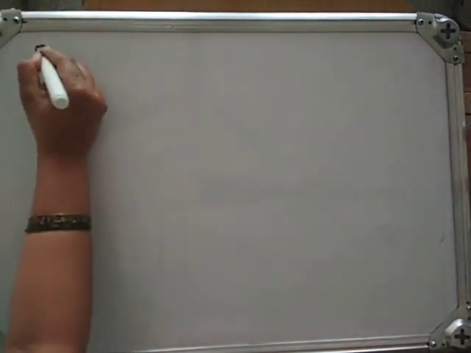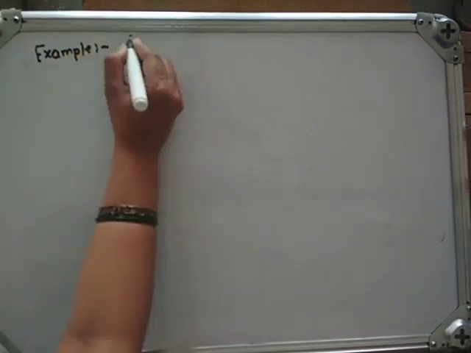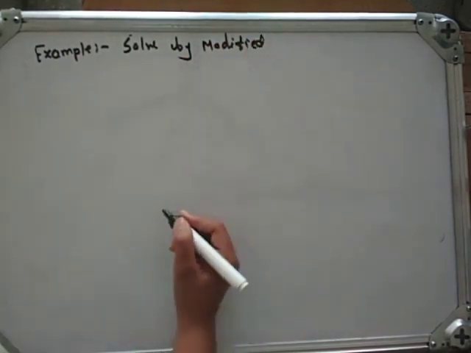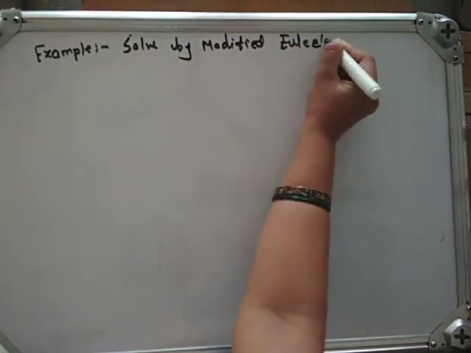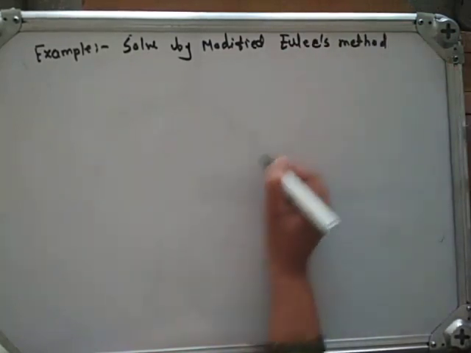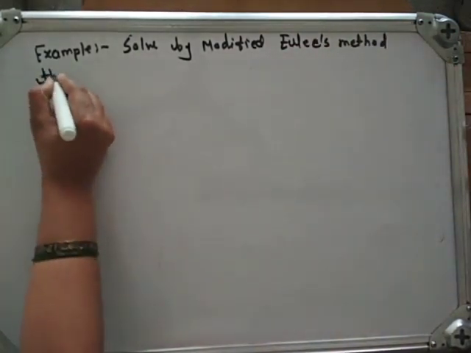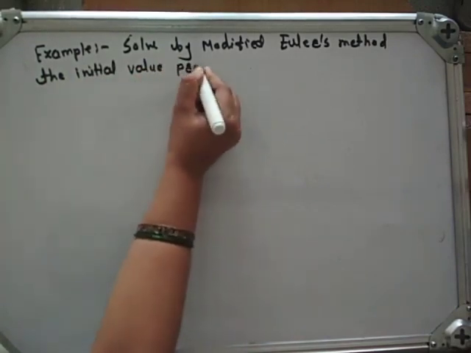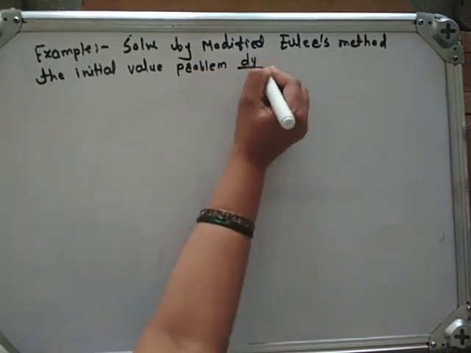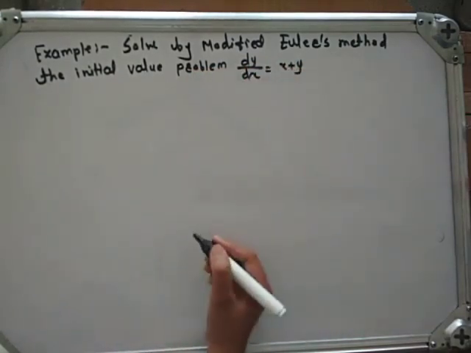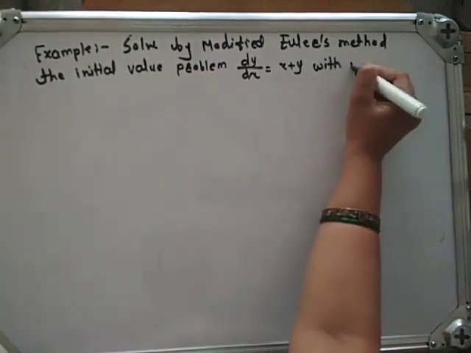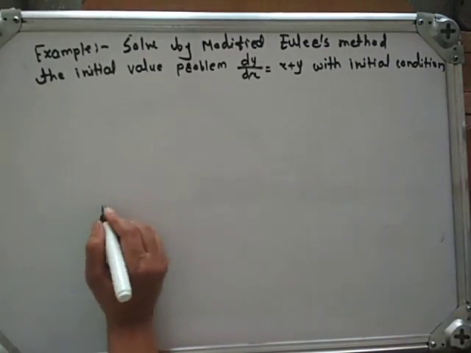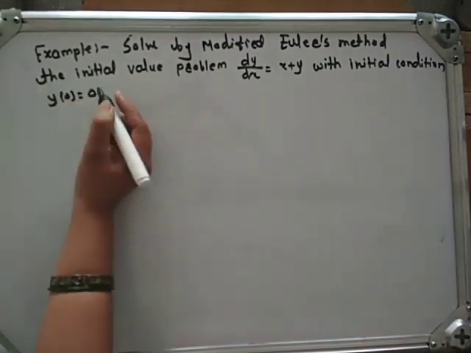Example: solve by modified Euler's method the initial value problem dy by dx is equal to x plus y with initial condition y of 0 is equal to 0.